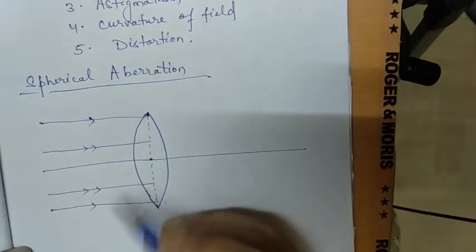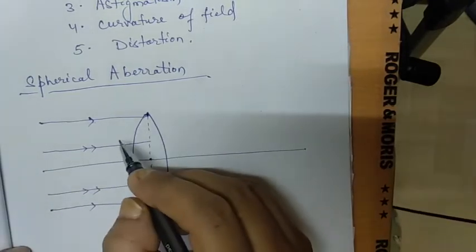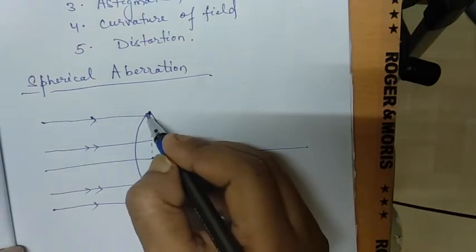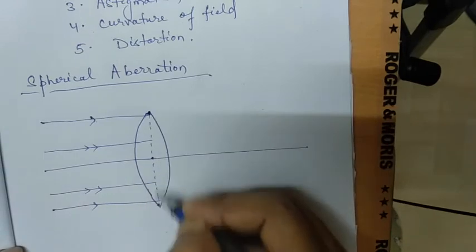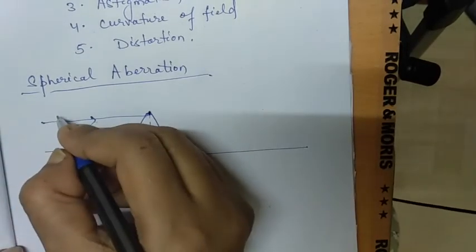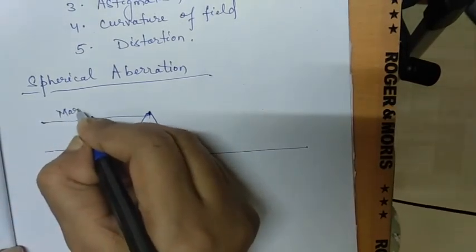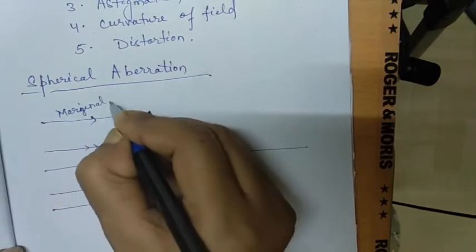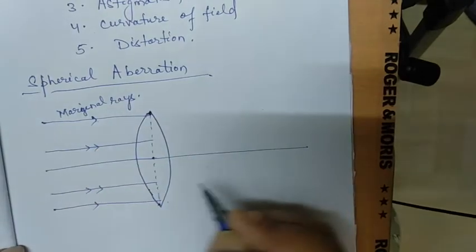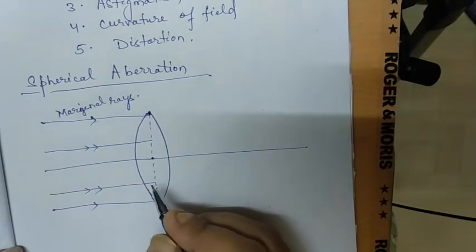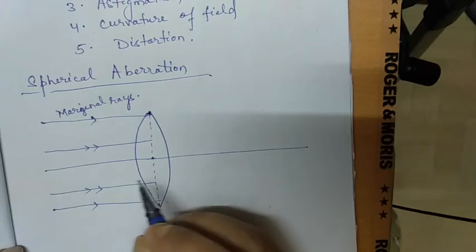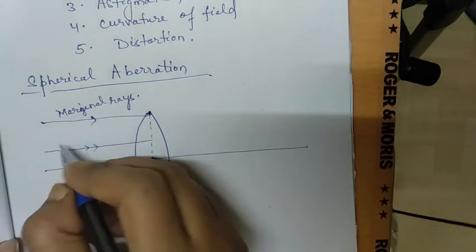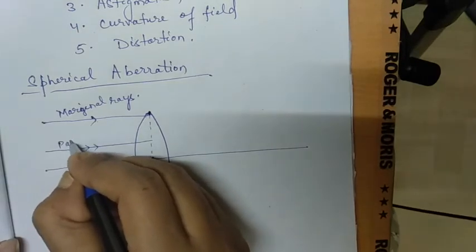So I have drawn some rays. You can see in this figure the rays which are nearer to the periphery of the lens. These rays are called marginal rays. And the rays at the center, quite near to the principal axis, are called paraxial rays.